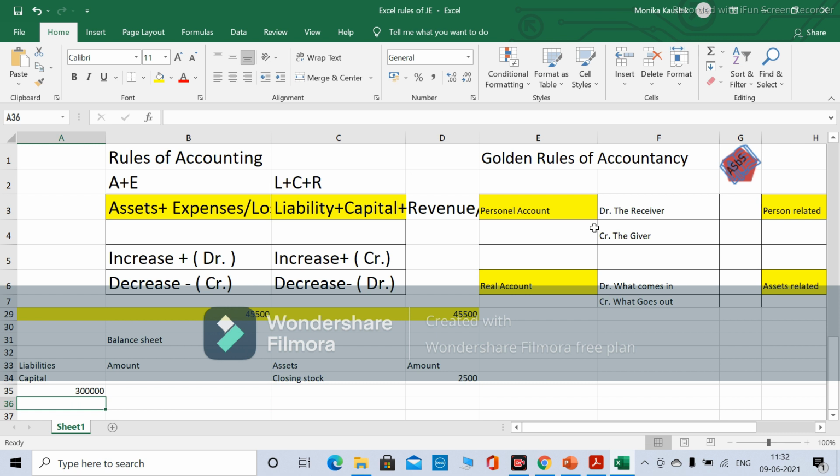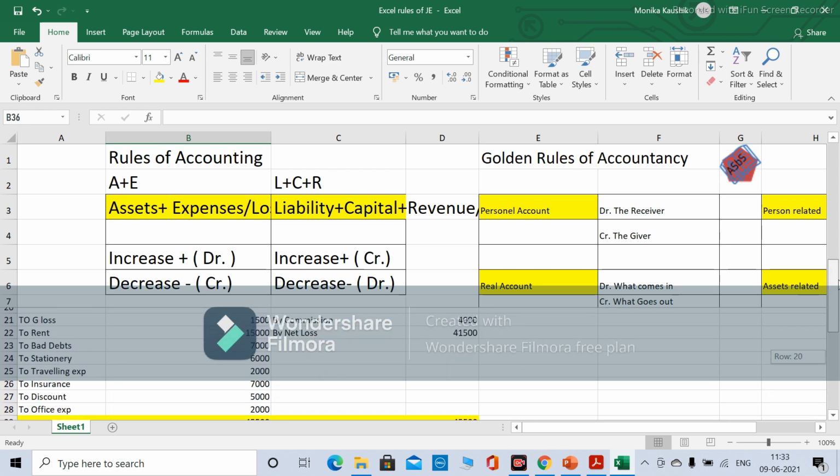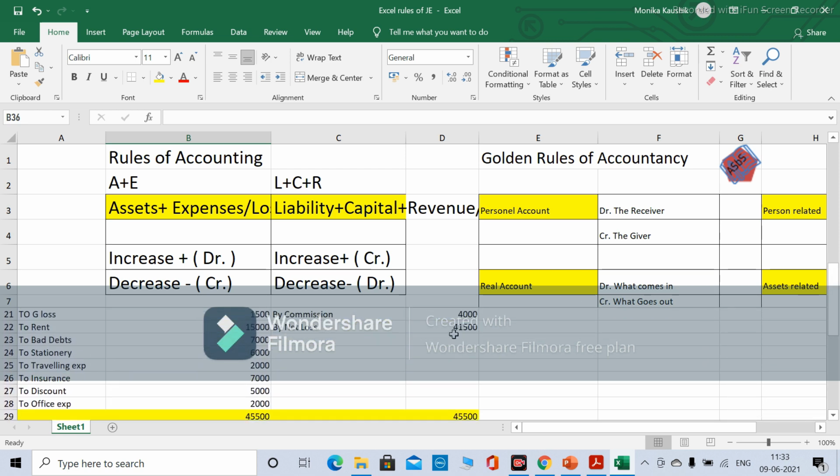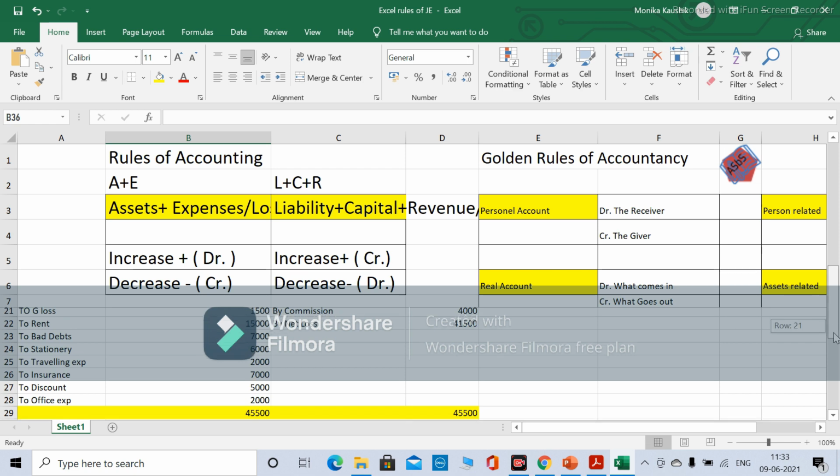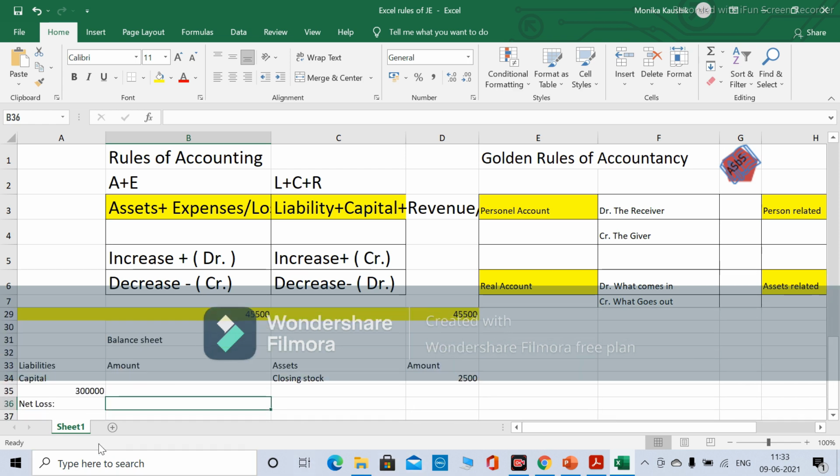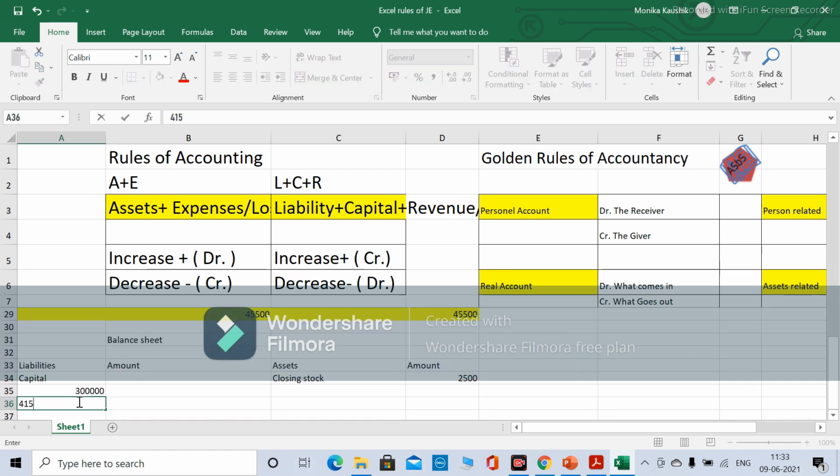Now I'll have to deduct the net loss from it. In this case, we have net loss. Okay, in case of net profit, we just add the net profit. However, in this case, let's see how much is my net loss. Net loss is 41,500.